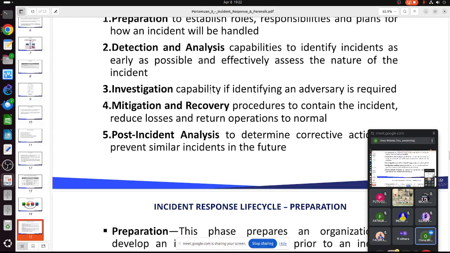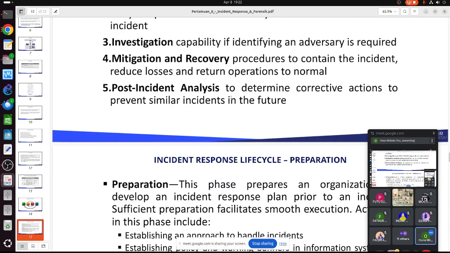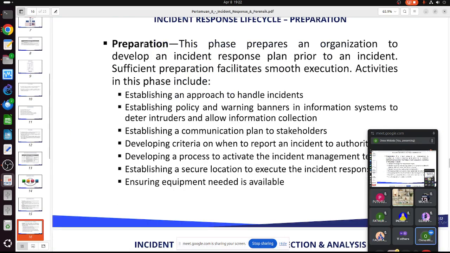Investigation is basically forensic activity. Mitigation and recovery is basically implementing the cybersecurity tools, and post-incident analysis is also analyzing the forensic report. This is the kind of thing we need to do in the preparation process.